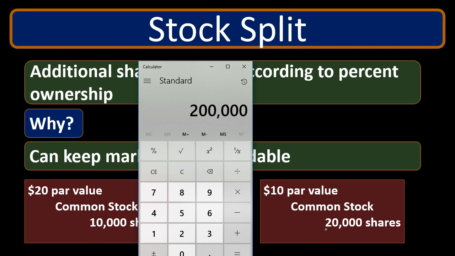So why might we do that then? Note that what we're not talking about here is the market price. This is the par value price. We can't really determine what the market price is because the market determines the market price.